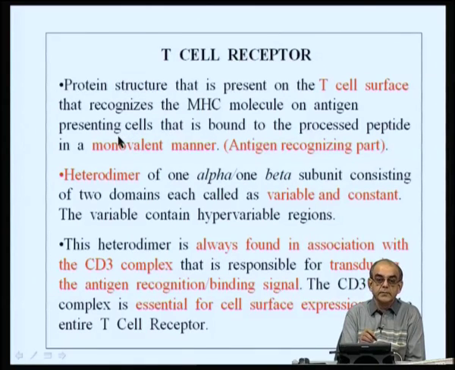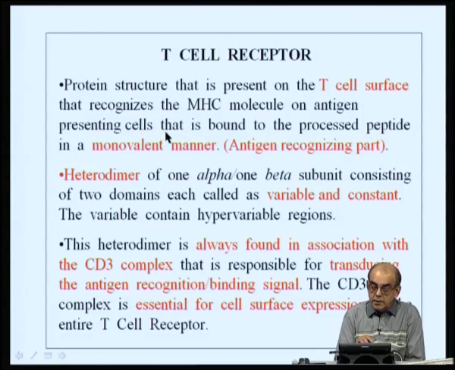In the case of MHC class 2, these are professional antigen presenting cells such as dendritic cells or macrophages that take up the antigen, and in the case of MHC1 molecule, MHC1 being present ubiquitously on most cells can present MHC class 1 molecules.